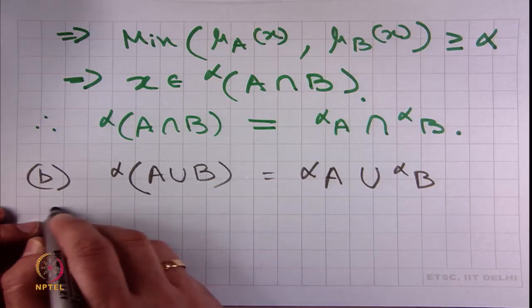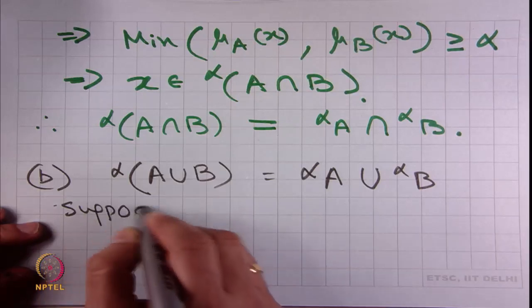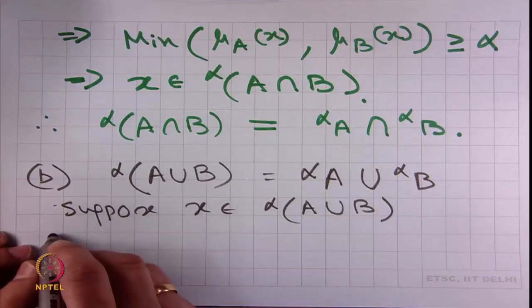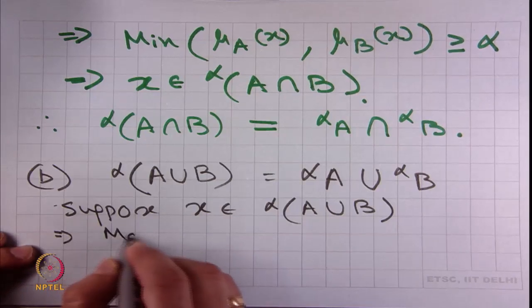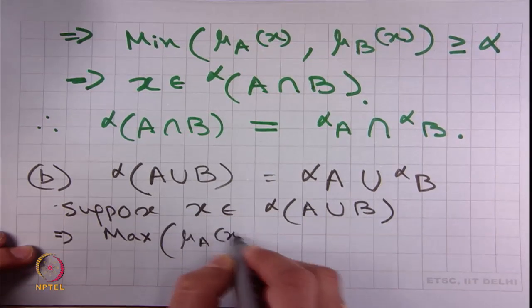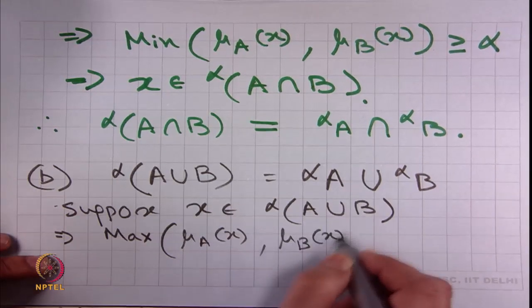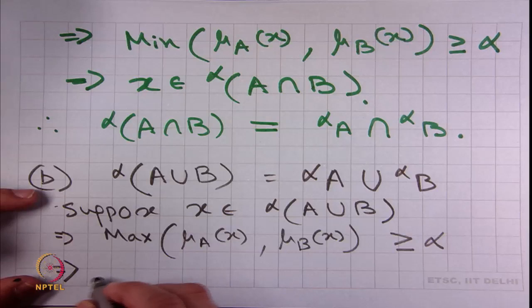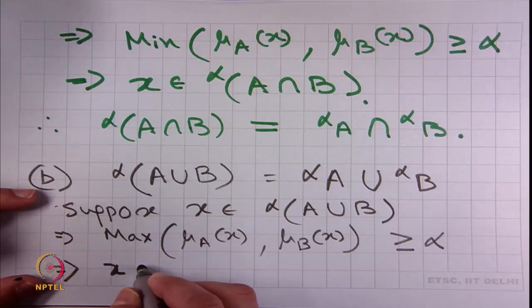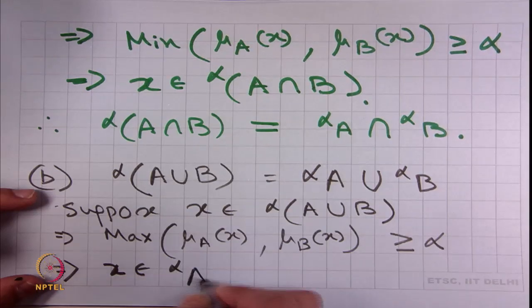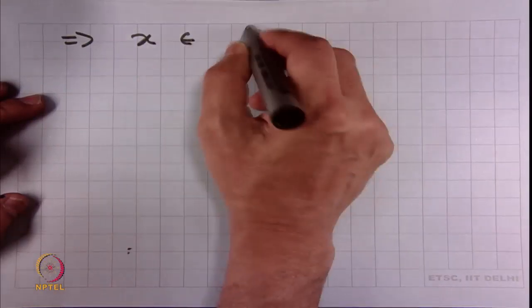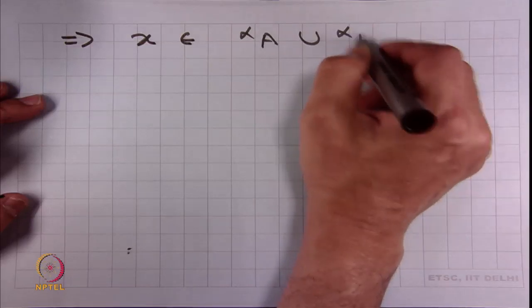For example, suppose x belongs to alpha cut of A union B, implies maximum of mu A of x and mu B of x is greater than equal to alpha, implies x belongs to alpha cut of A or x belongs to alpha cut of B, implies x belongs to alpha cut of A union alpha cut of B.